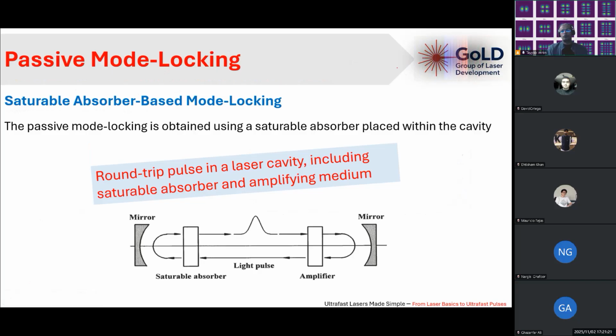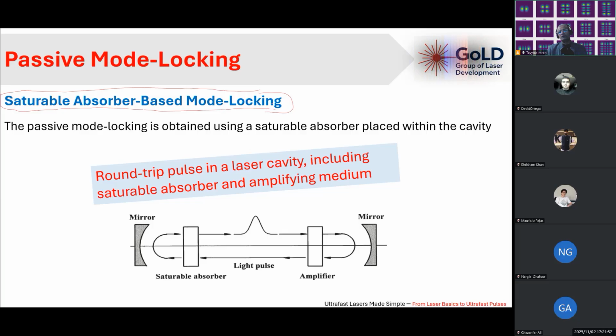Okay, so this is saturable absorber based mode locking, and it's passive mode locking. There are two categories of passive mode locking. The first one, which I start with here, is the saturable absorber.